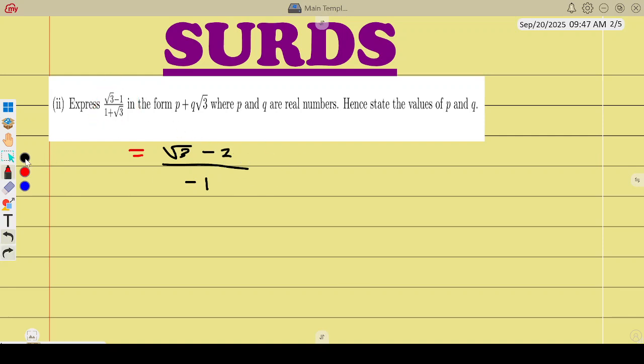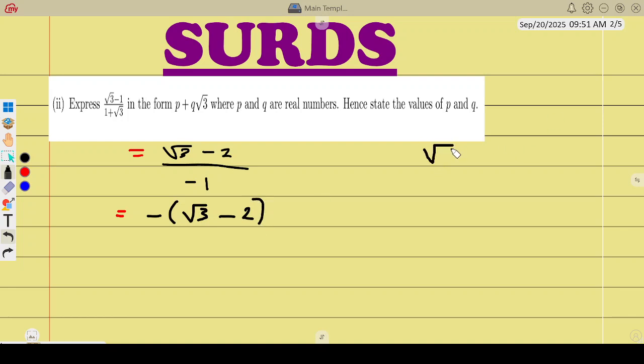And then from here we can get rid of the fraction. So this negative is going to come here. So this is just negative root 3 minus 2. Negative root 3 minus 2.